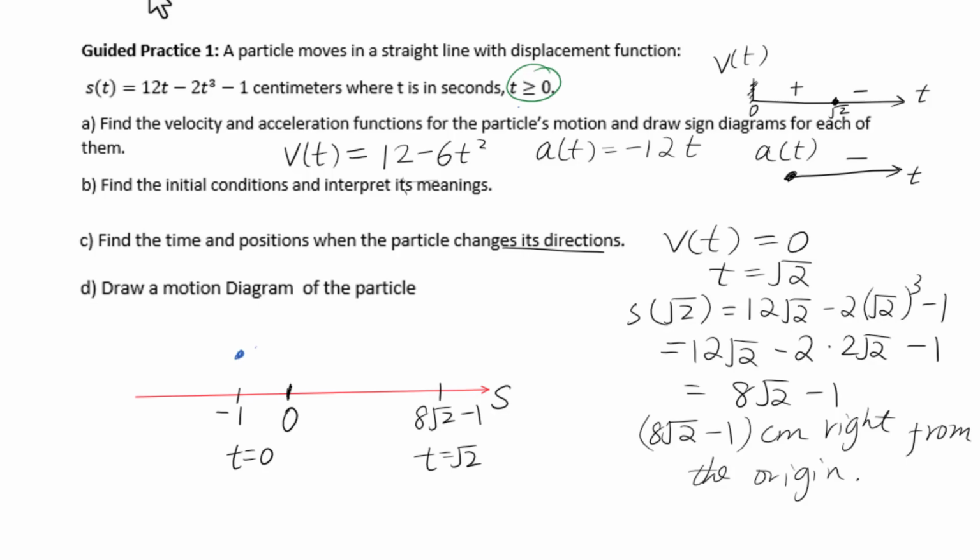So the particle at t equals 0 is moving to the right, then changes its direction at t equals square root of 2. So we draw this way to show the change of direction. This is the motion diagram for the particle.